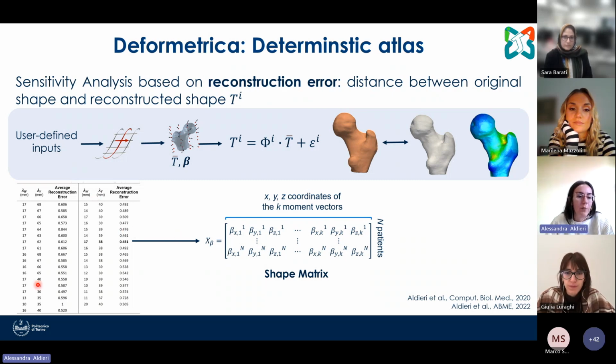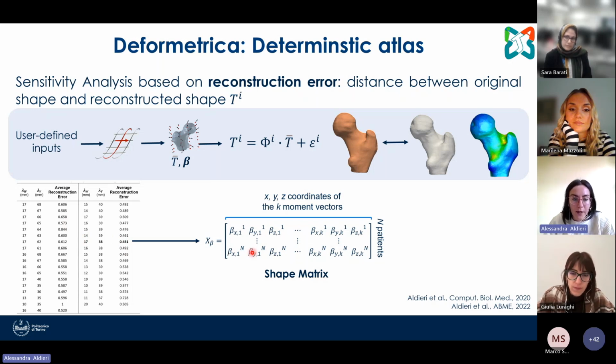Here I reported a table which comes from one of our studies. As you see, we changed lambda W and lambda V, and we could then identify the optimal combination of the two. And what did we do then?